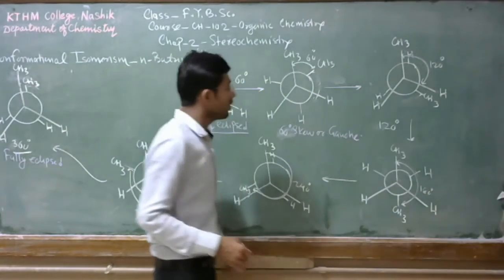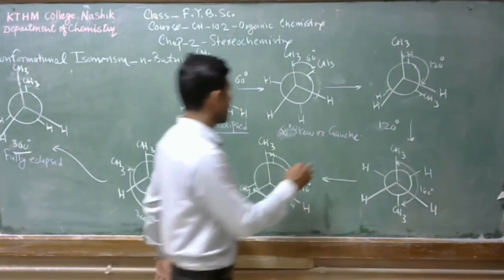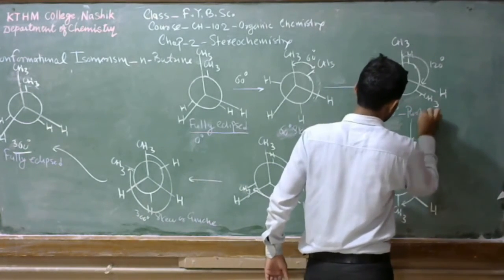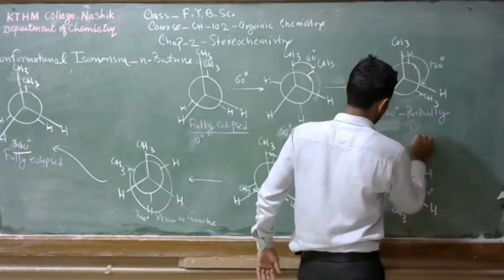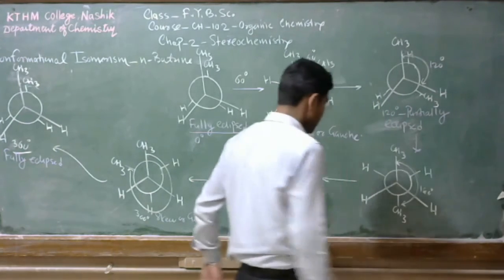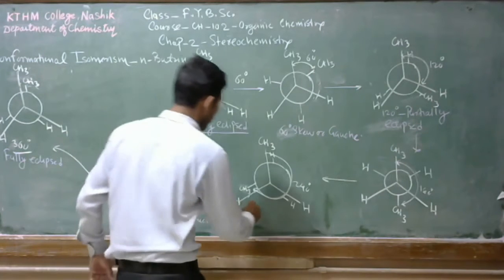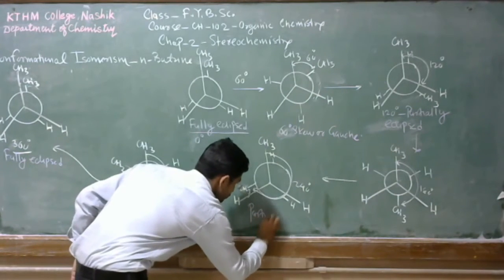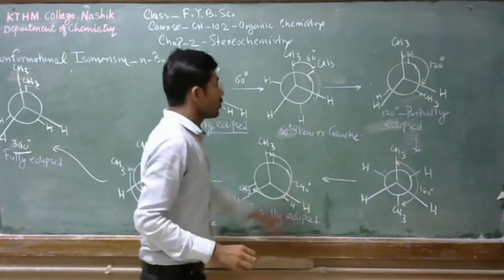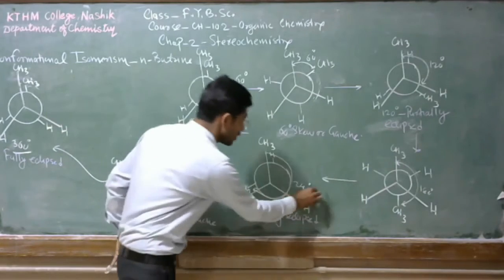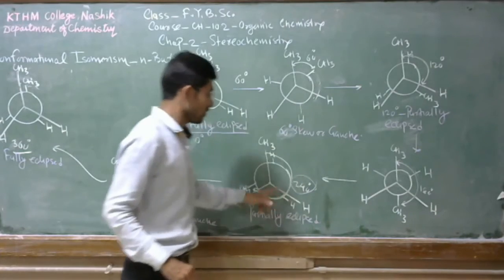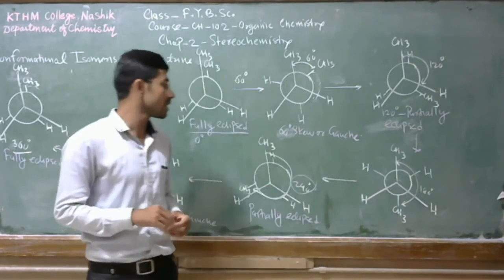Then angle 120. For this we can observe the conformation named partially eclipse conformation. So for angle 120 and angle 240, for these two angles we can observe the partially eclipse conformation.